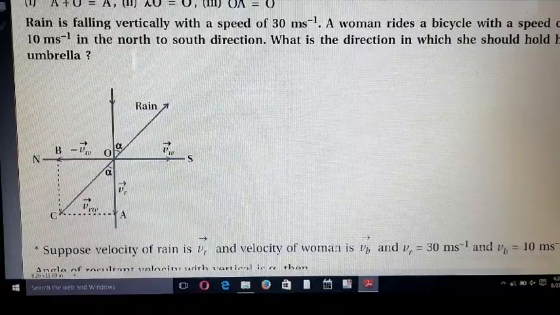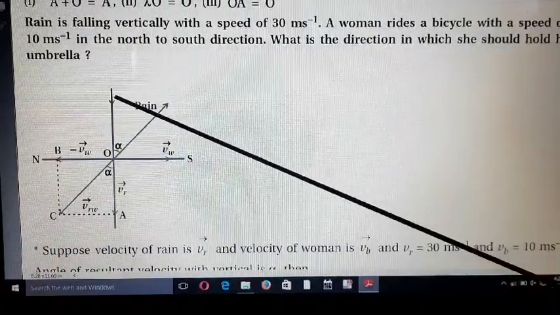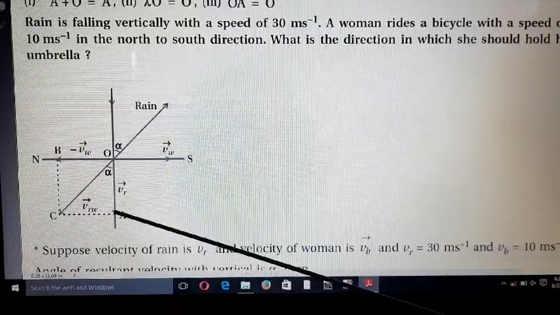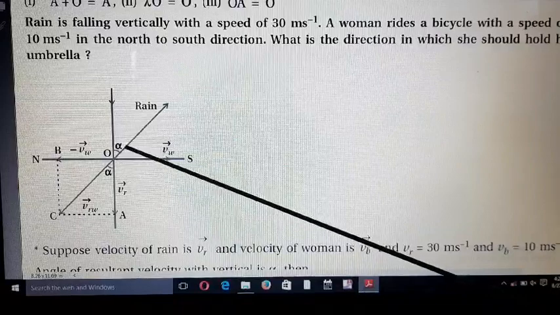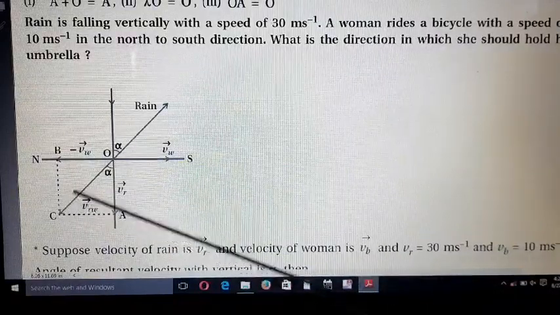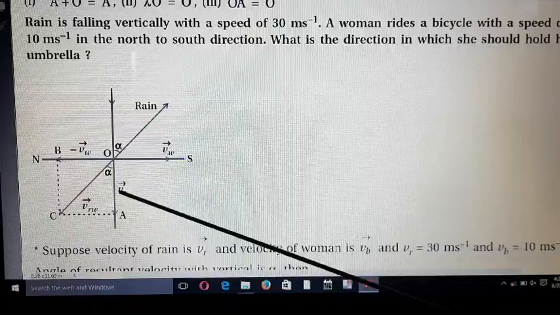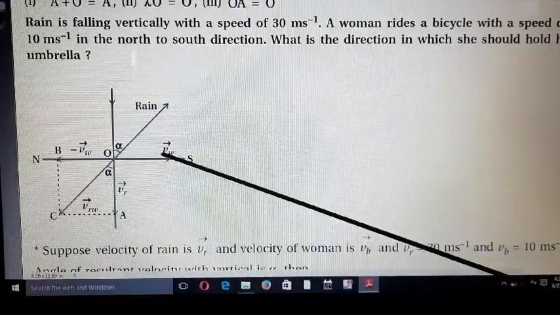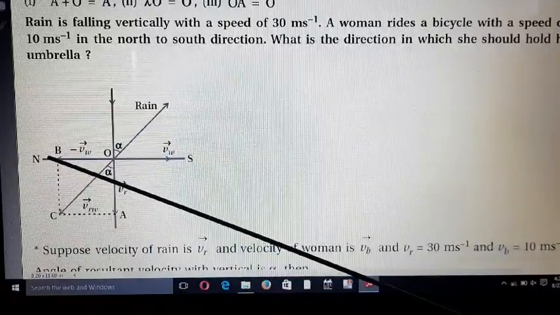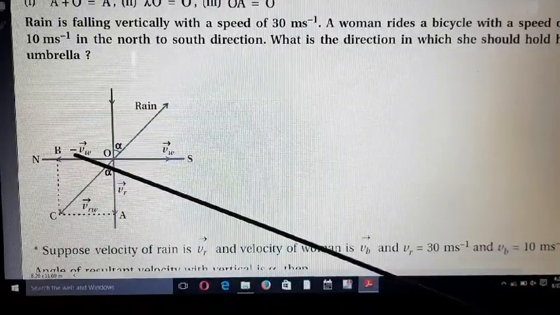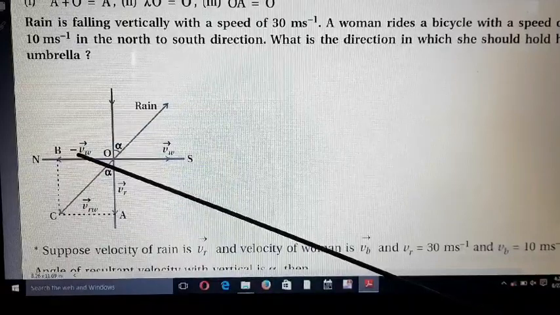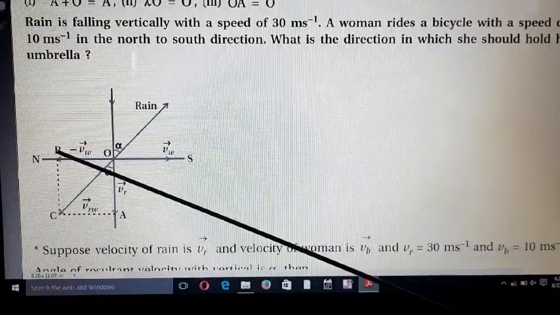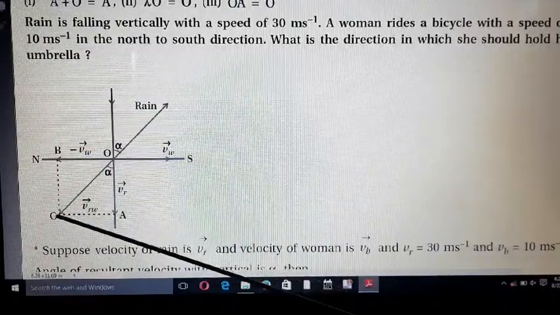Look here, first of all, this is the direction of the rain, north to south. This is VR, the velocity of rain, and VW is the velocity of woman. But here this direction is negative, so here we take minus vector V omega. So here OB is equal to AC.